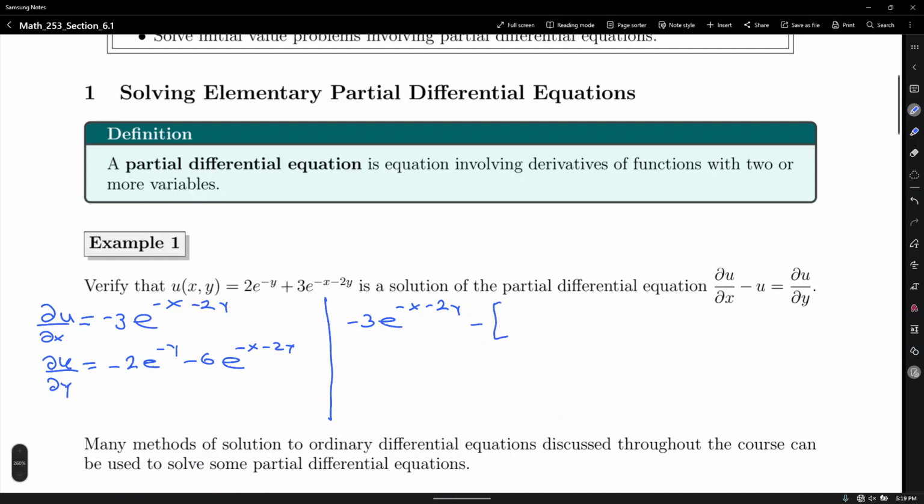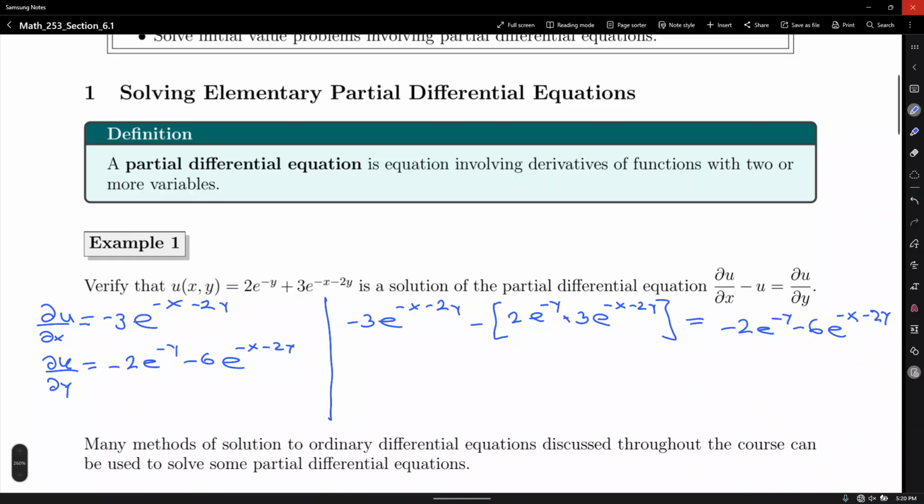I'm going to put parentheses; the given function u is 2e to the negative y plus 3e to the negative x minus 2y. Then let that be equal to the partial derivative of u with respect to y this time, which is what we just found: -2e to the negative y minus 6e to the negative x minus 2y.